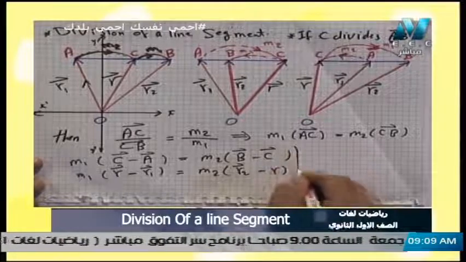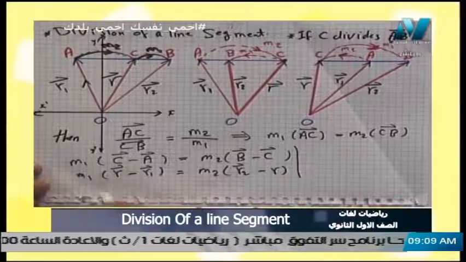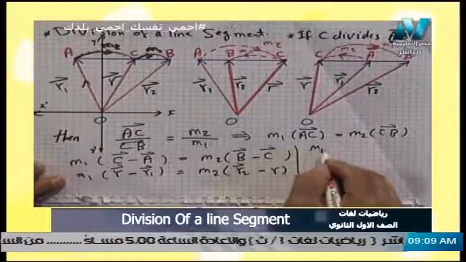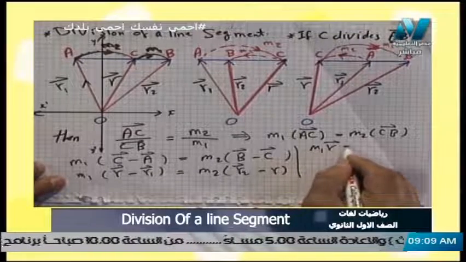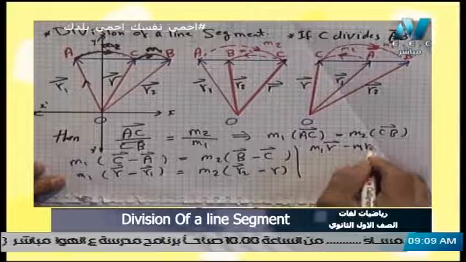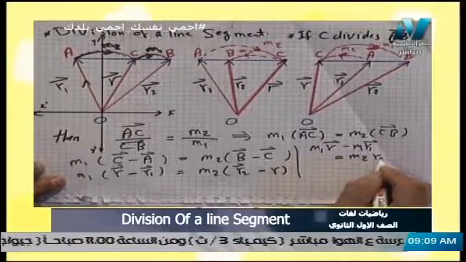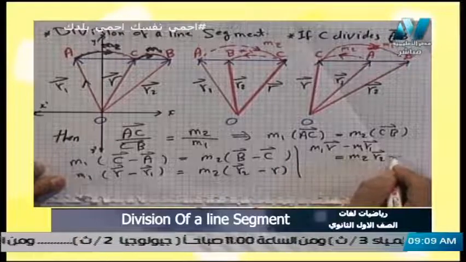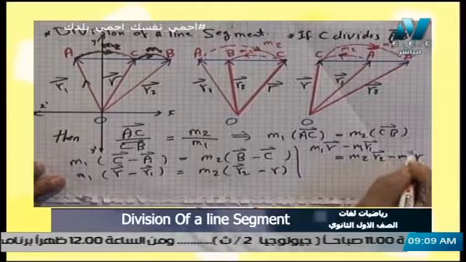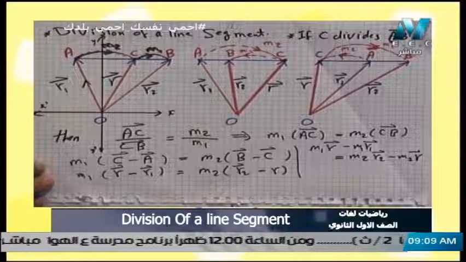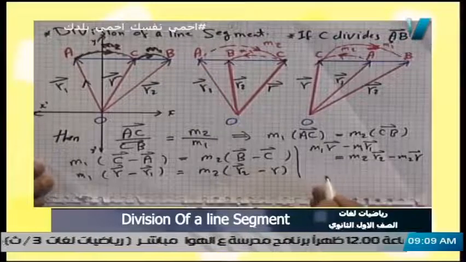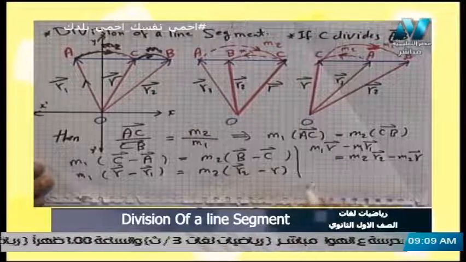Okay, and we multiply each of them: M1 R minus M1 R1 equals M2 R2 minus M2 R, and we collect R on the left hand side.